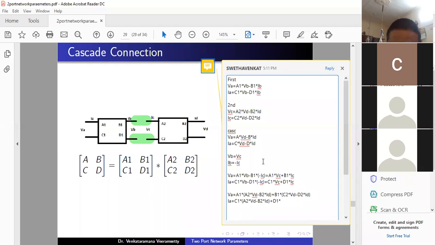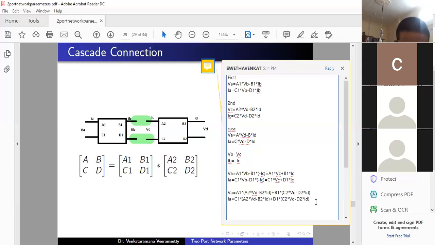So IC is nothing but this one. Right? Now try to multiply inside and try to separate VD as common.